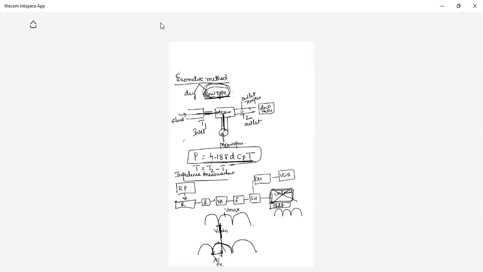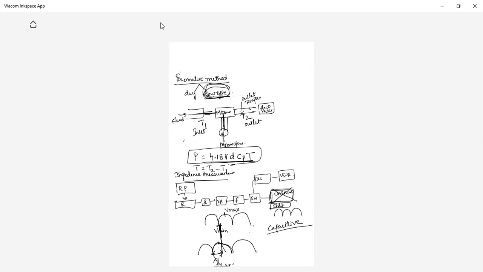It represents an inductive load. If it is shifted towards the right-hand side, it represents a capacitive load. That is one way of identifying whether it is a capacitive or inductive load.